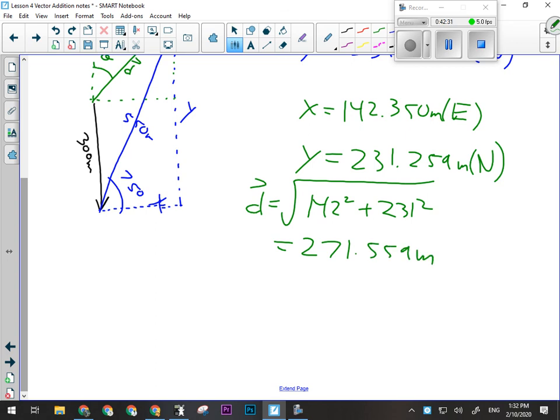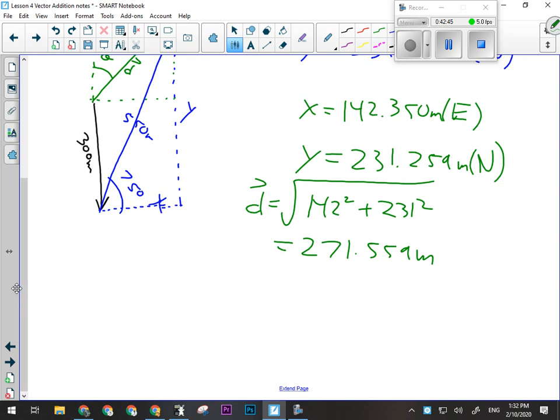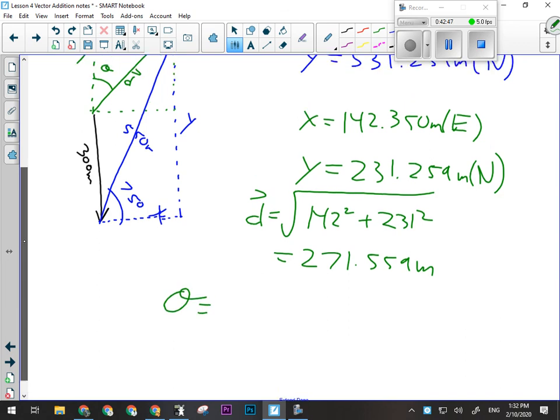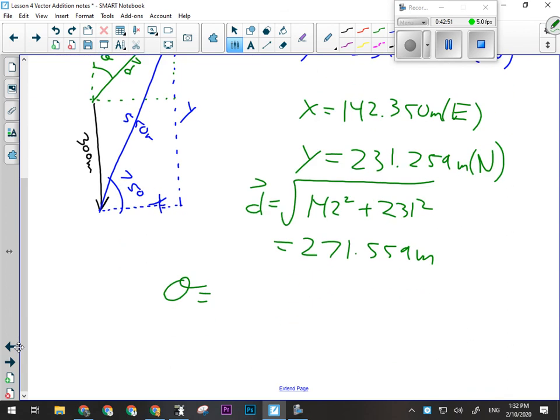Then I need to find my direction. I drew my triangle this way, so I'm going to be finding a vector that is east of north, even though the one they found was north of east. So theta for me, X is the opposite side, Y is the adjacent side. So I'm going to go tan to the minus 1 of my opposite side, 142, divided by 231, again with all the decimals.